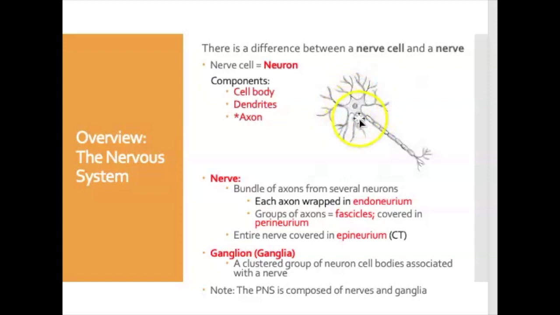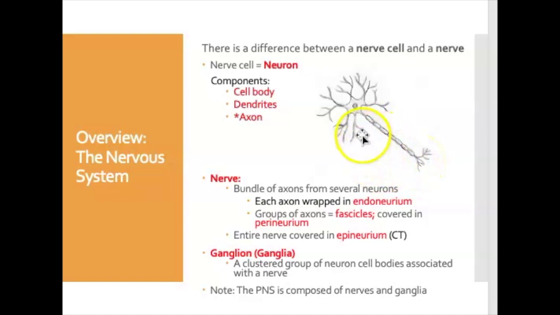This is the primary part of the cell. The other two parts, the dendrites and the axon, are actually extensions of the membrane that is around the cell body. So the membrane just reaches out, if you will, extends out and creates these other structures.